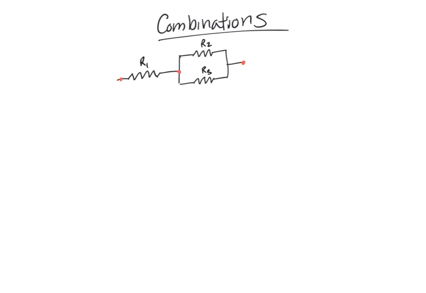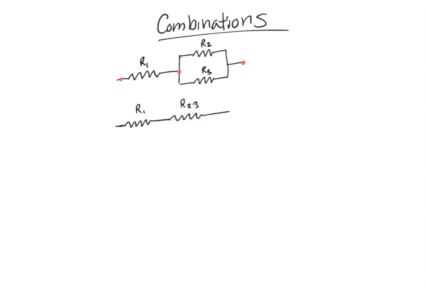We've already talked about this with capacitors, so the most straightforward way to do this is to simplify our circuits using equivalent resistance. And while it's true that R1 is not in series with either R2 or R3, R1 is in series with this entire branch, right?